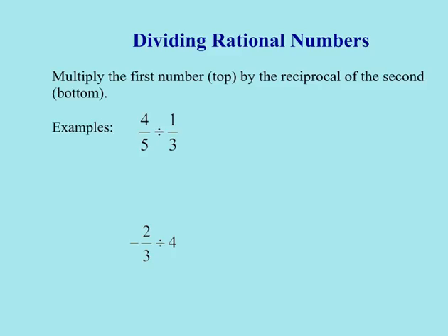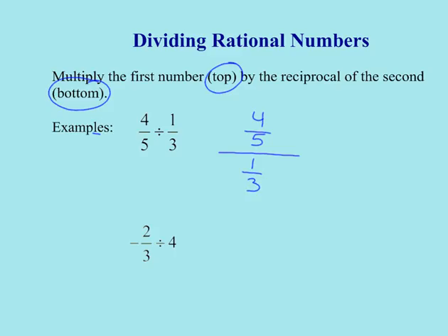Finally, we come to division with fractions. Multiply the first number, or the top number, by the reciprocal of the second number, which could be the bottom number. All right? Now, the reason that I say top and bottom is because each of these examples could be written as such. 4/5 divided by 1/3.